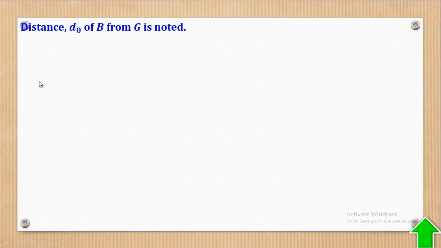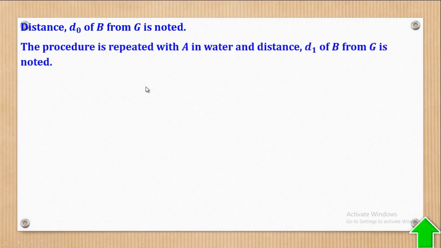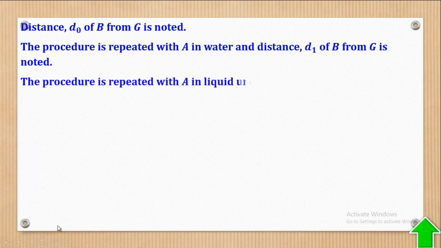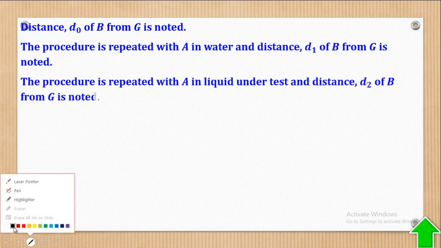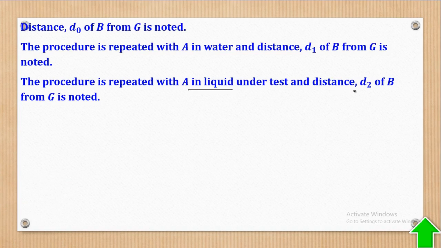The next, the procedure is repeated with A in water and the distance D1 of B from G is noted. The procedure is also repeated for the liquid whose relative density is required, and the distance D2 of B from G is also noted.